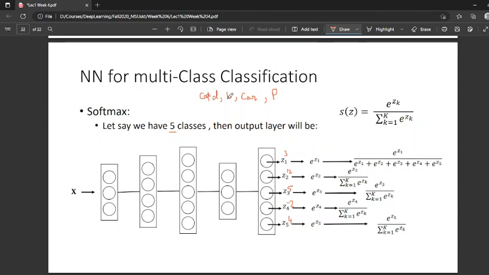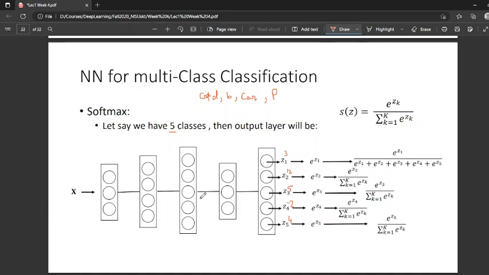So cat, dog, bikes. In this experiment, we have to classify images into these five different classes. So how do we use a neural network for that?